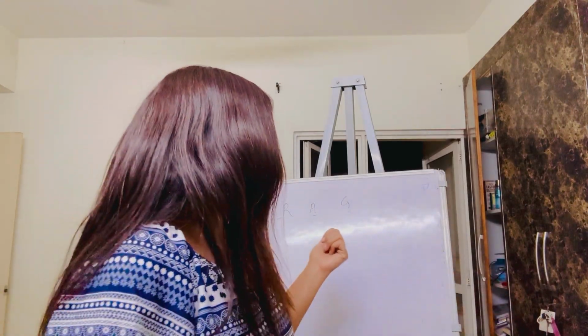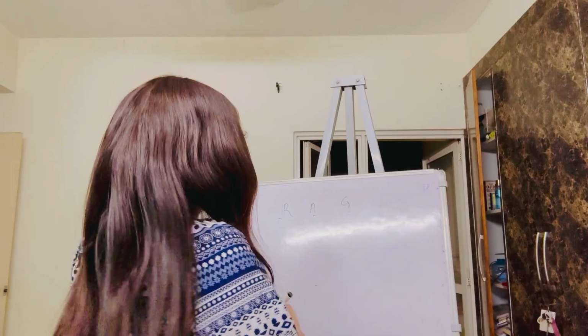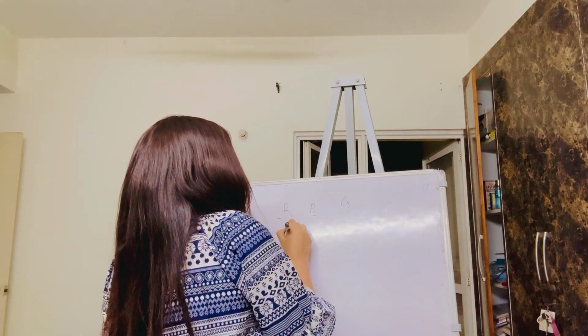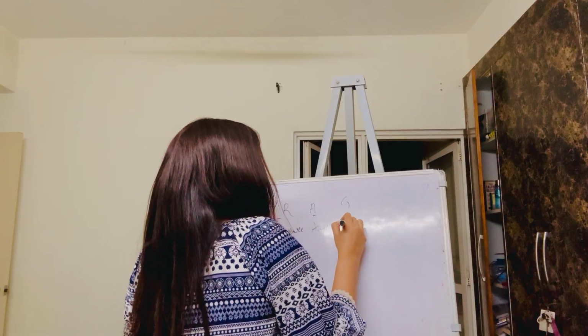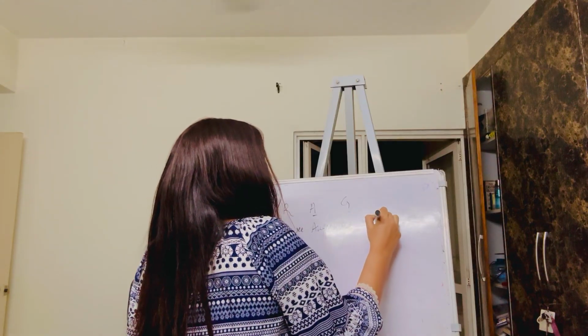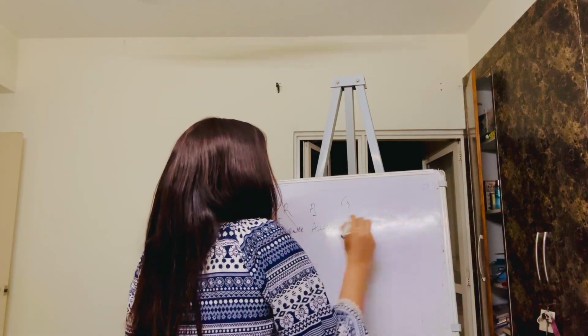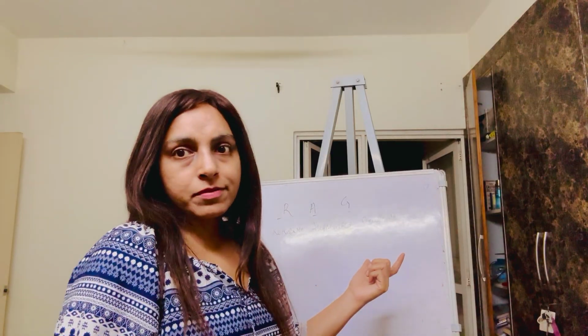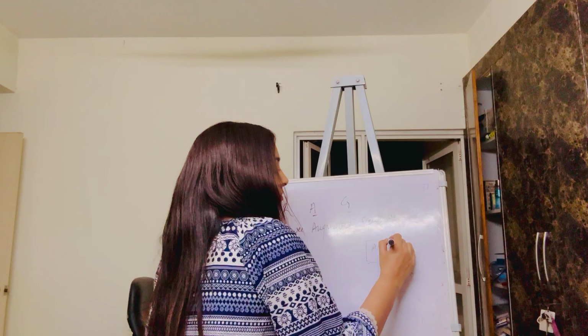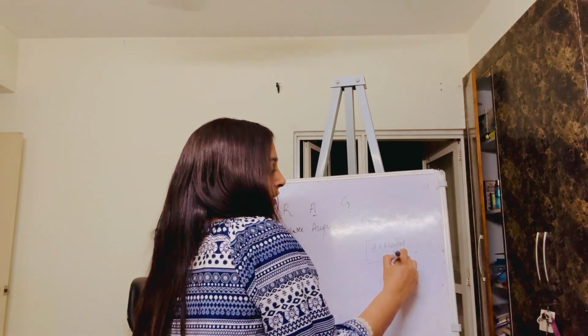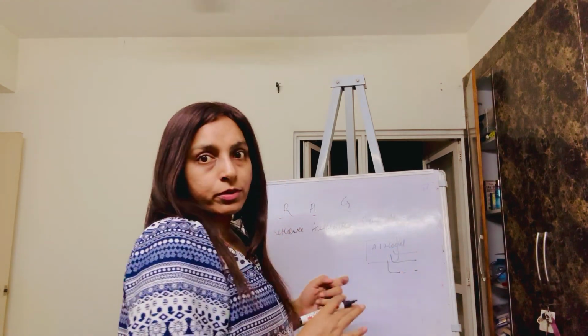So what is RAG? It stands for retrieval-augmented generation. What is the concept behind it? Suppose you have an AI model, GPT, Hugging Face, whatever model you are using.